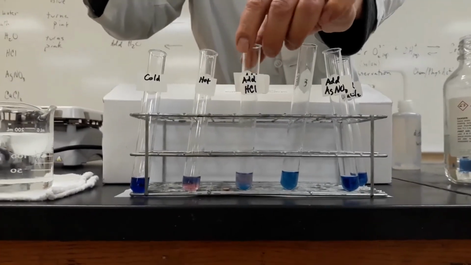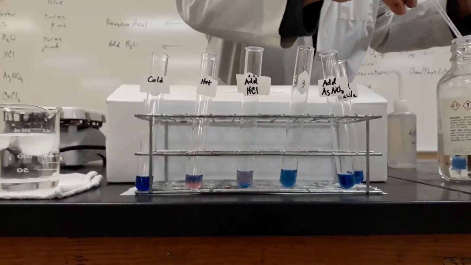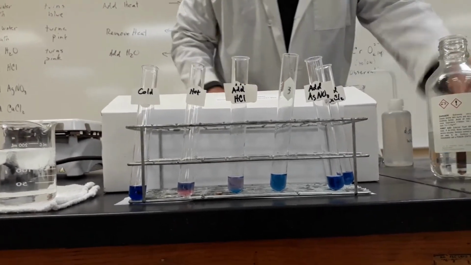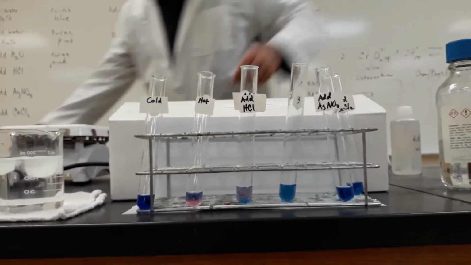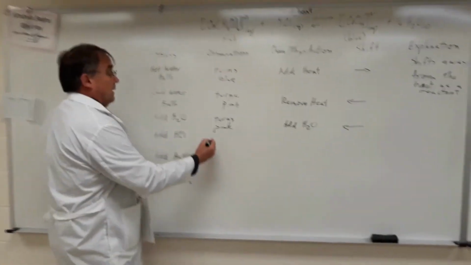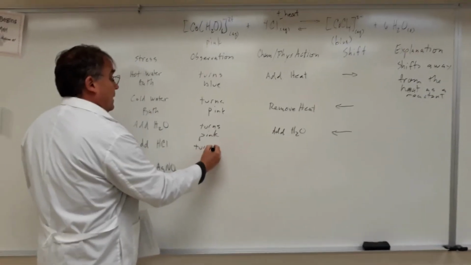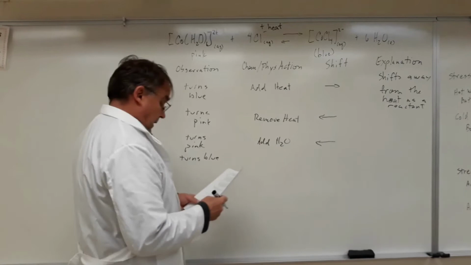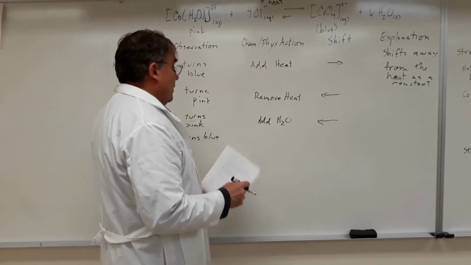Okay. So, adding HCl. If we go back to the whiteboard, adding HCl turns blue. It's the observation. Okay. What did we do?